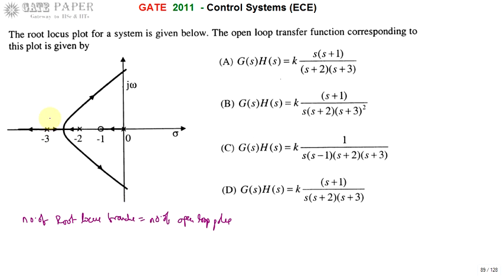So we will start with the arrow originating from a pole. If you observe, this is the first arrow which is starting from this pole and ending at this zero. So this is the first root locus branch. This is P1, say, and it is Z1, the one open loop zero.